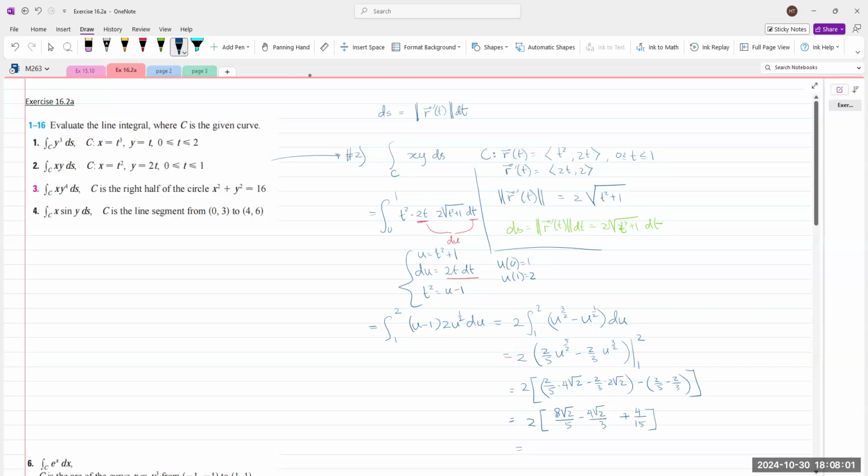So 24 minus 20, that's 4. 4 radical 2 over 15 plus 4 over 15. So this is actually 8 over 15 times radical 2 plus 1. Okay, I hope I did it right, but that's basically that way. That's for number 2. Let's go on with number 4.